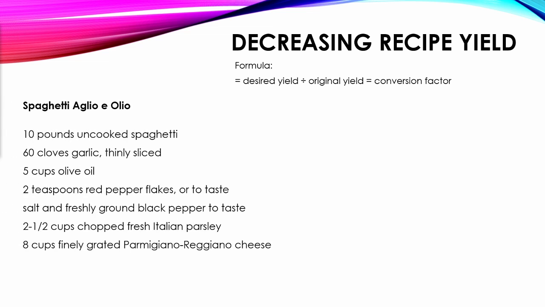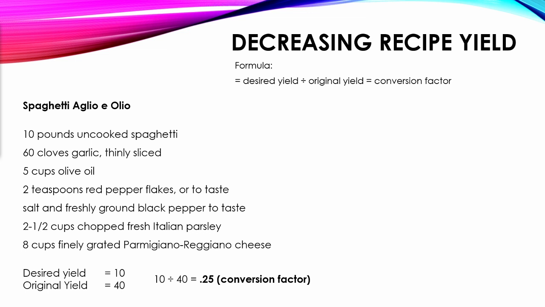So we have here our recipe. This recipe will give us 40. The original yield is 40, and you wanted to decrease it to just 10 servings. Now, since we will be using the same formula, we will divide 10 by 40. Now, our conversion factor is 0.25.